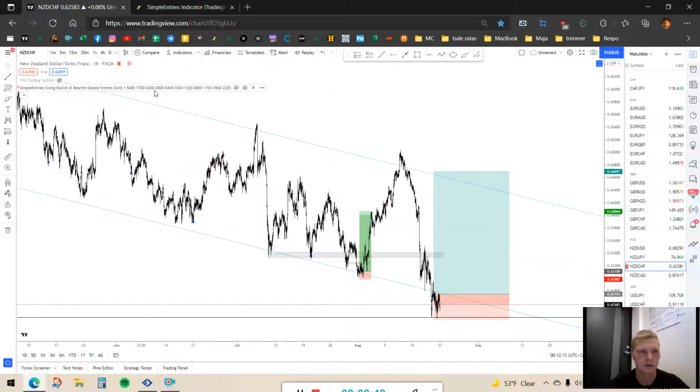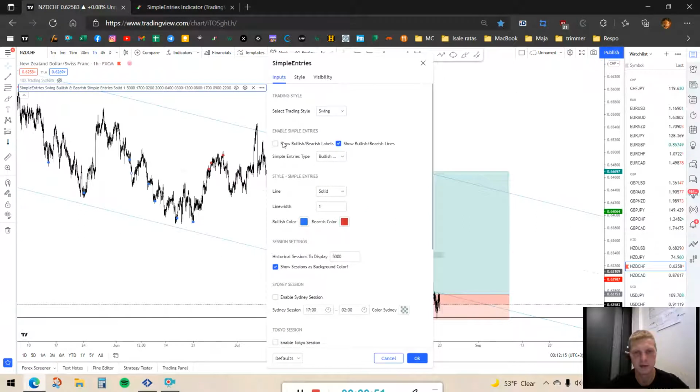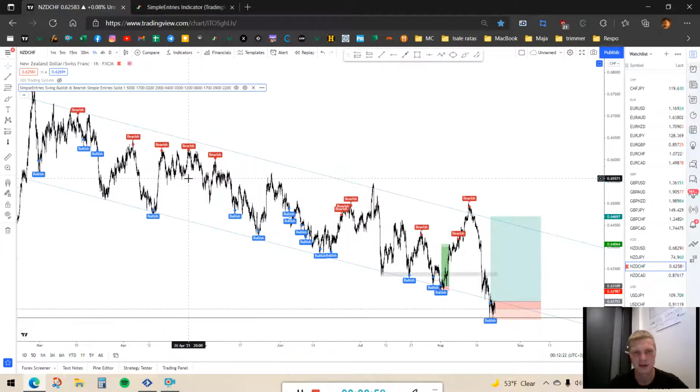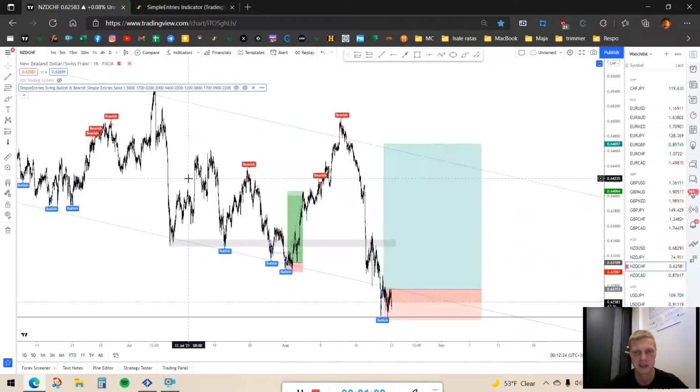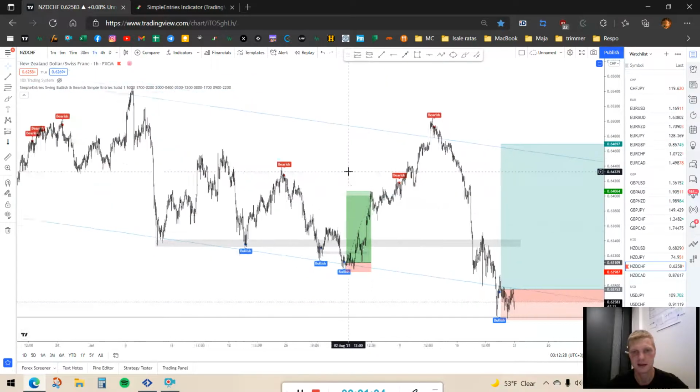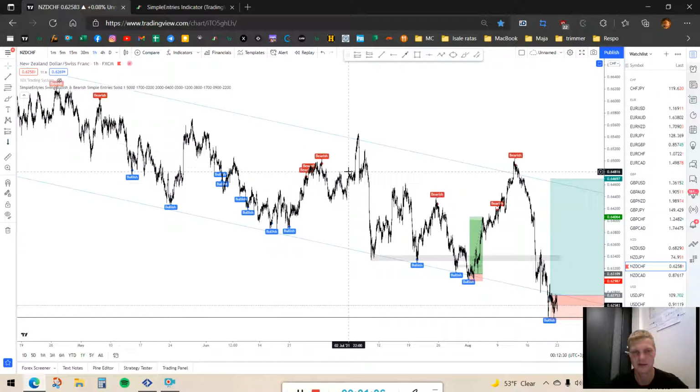I know you don't see much because I removed the labels, because for some reason they kind of get in the way for me. I like to keep my charts as simple as possible, and I like to remove all the noise.